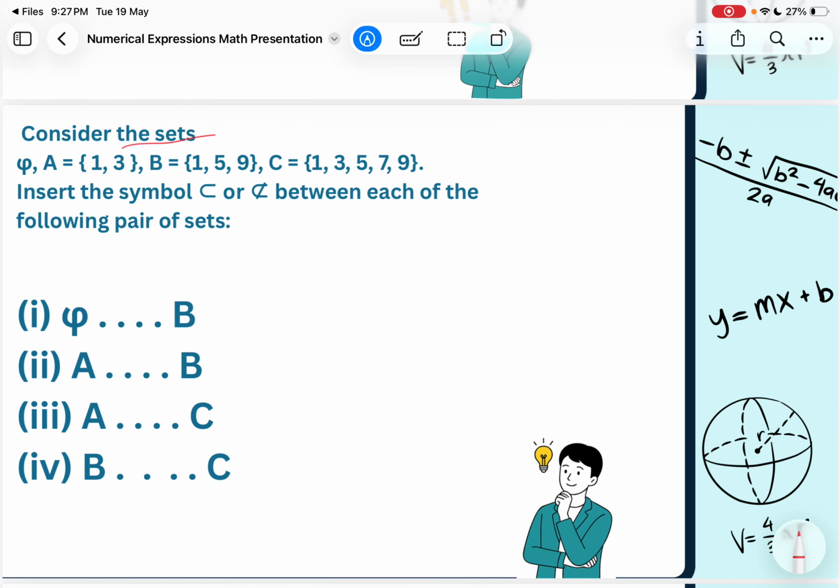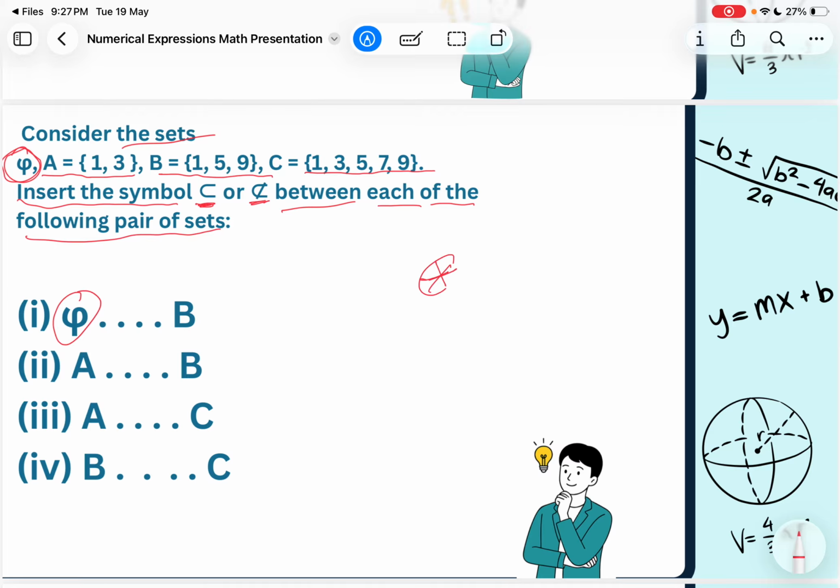Now consider the set. This is the symbol φ, which we have already seen, meaning the empty set. A equal to {1, 3}, B equal to {1, 5, 9}, C equal to {1, 3, 5, 7, 9}. Insert the symbol ⊂ or ⊄ between each of the following pairs of sets.